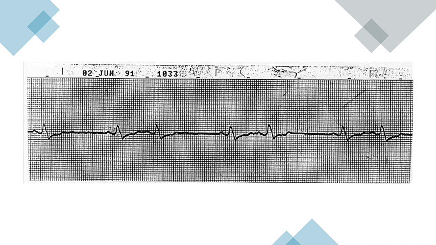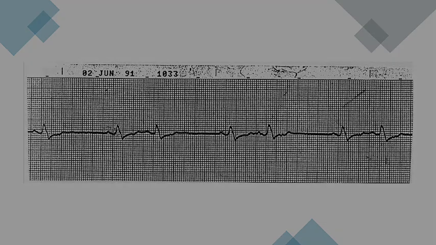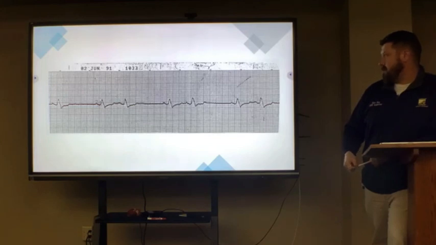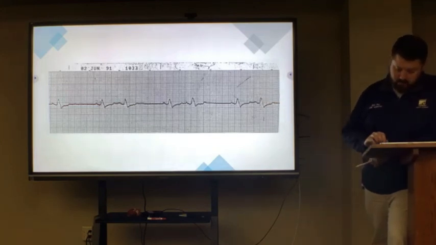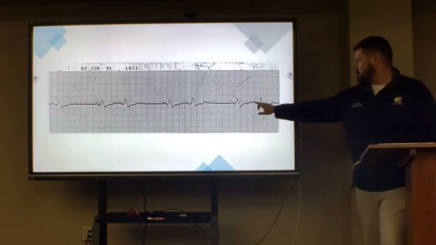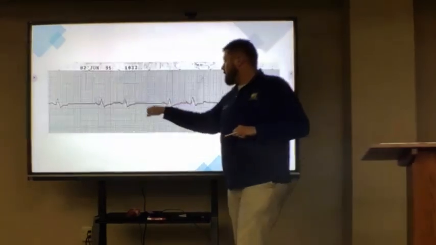It's almost like a trigeminy pattern here, where every third beat the SA node doesn't fire, and it creates a period of arrest. I've never seen one that does a pattern like that. Well, with the QRS, would that be considered a third degree though? No, because you've got constant PRIs.